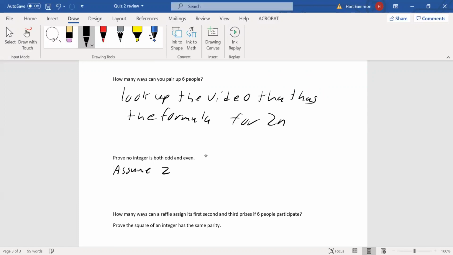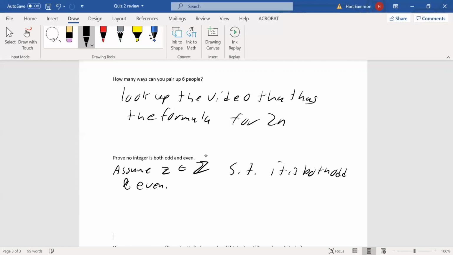Assume we have z in the integers such that it is both odd and even. What is the definition of even that we have? z is equal to 2k for some k.